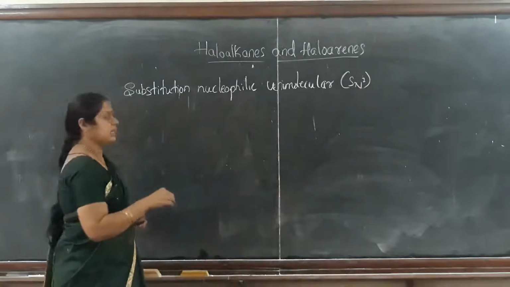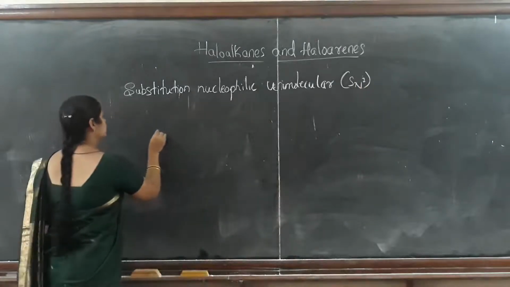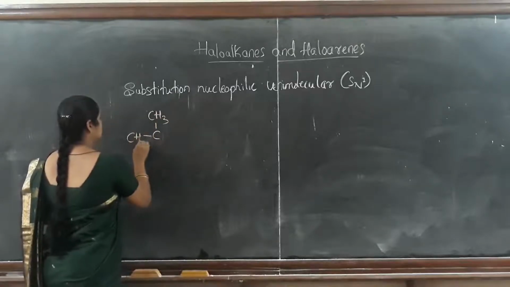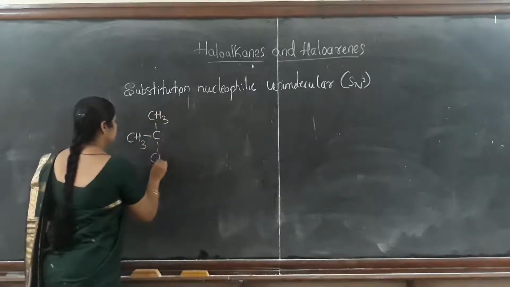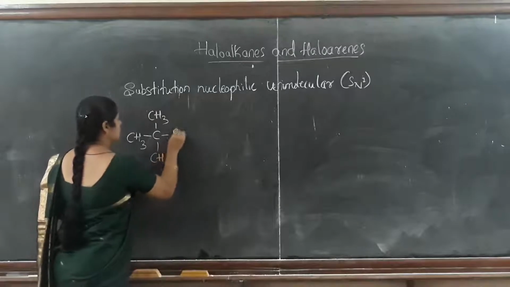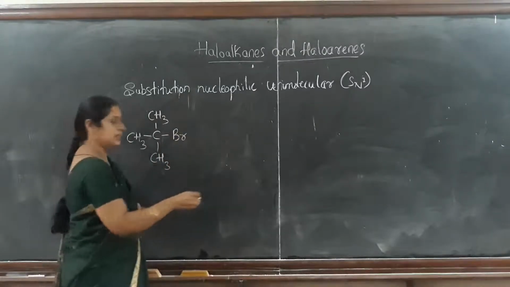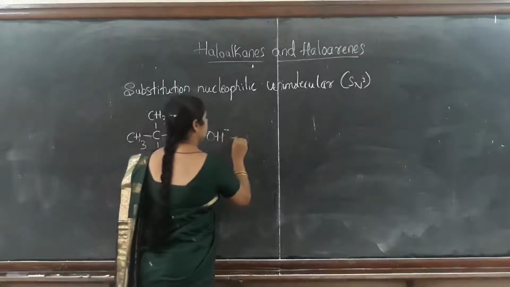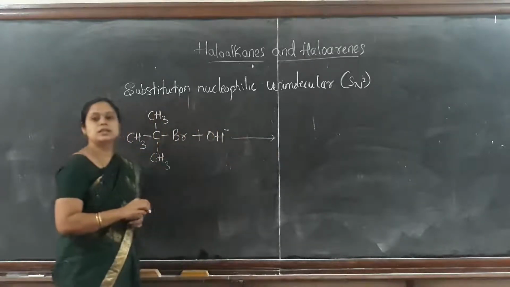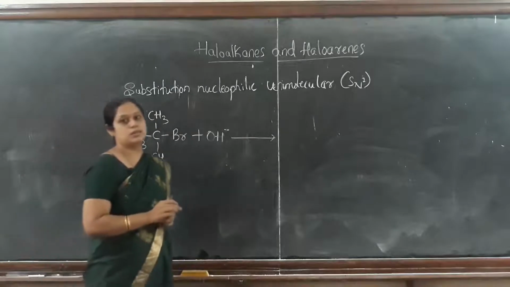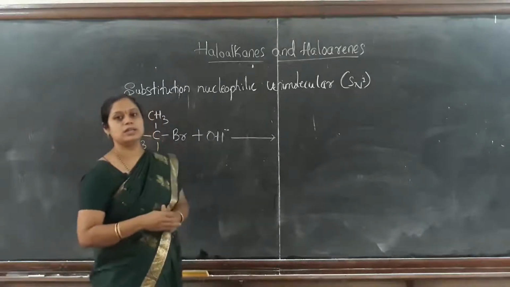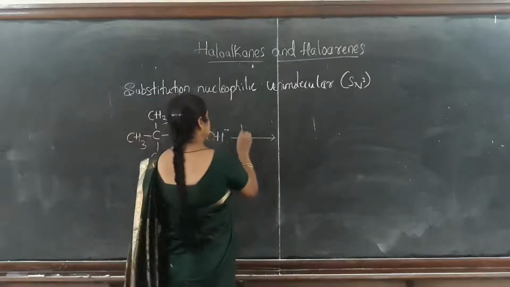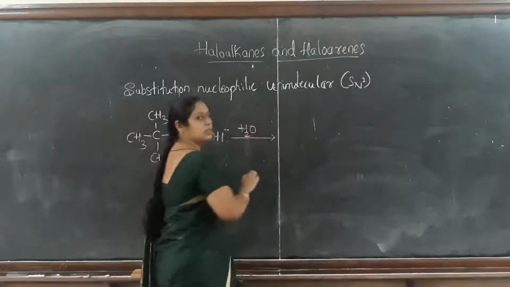So, let me take an example here. Tertiary butyl bromide, when it is treated with a hydroxide ion in the presence of polar protic solvents, like water, acetone, acetic acid, etc. Let me take the polar protic solvent water.